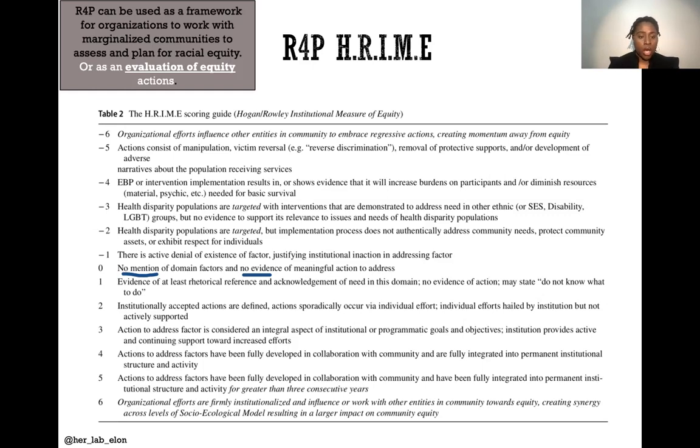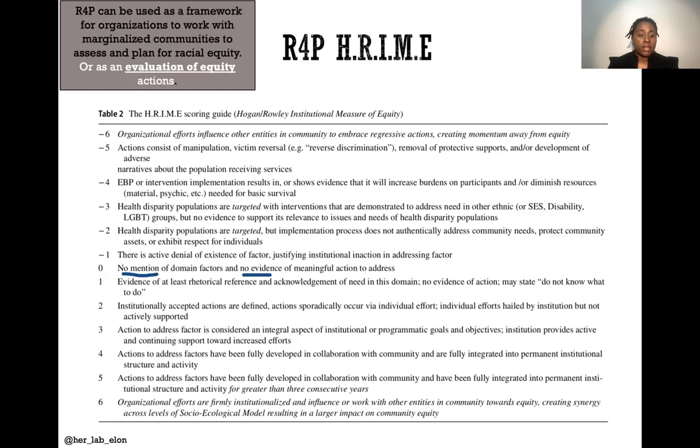When you get to 1, there's evidence of at least some sort of reference and acknowledgements of needs that are in the domain. When you're around 2, institutions might accept that there are actions that are occurring that can be defined as being either equitable or inequitable within a population.